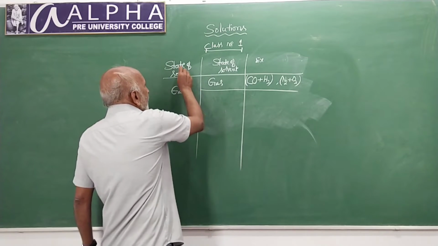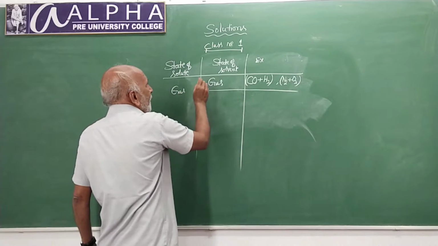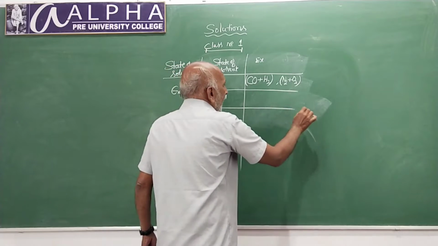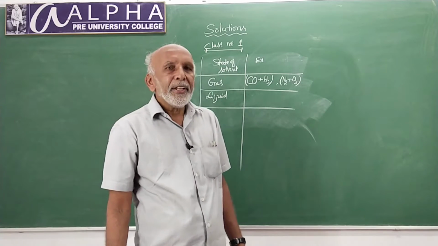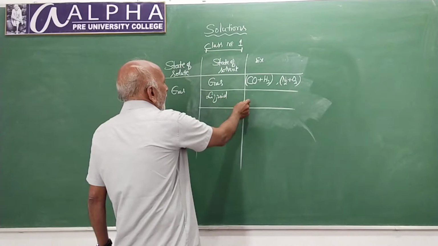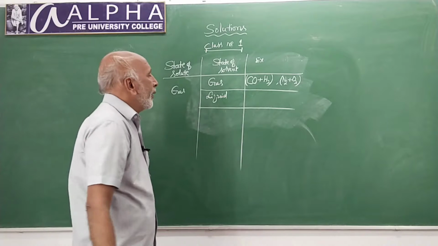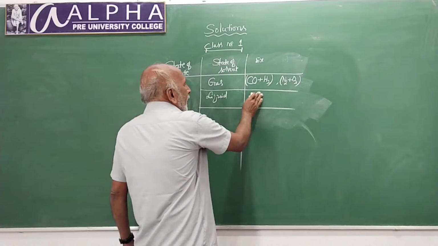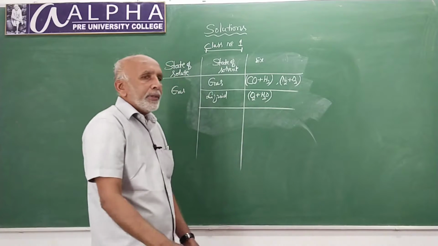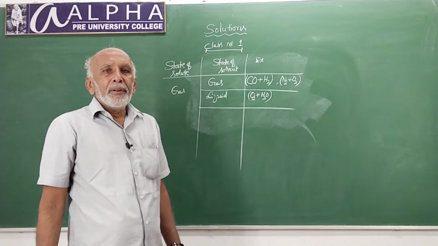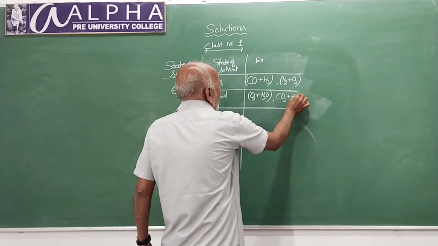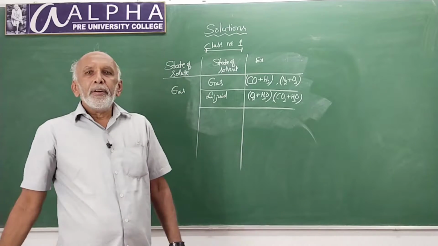Next, solute is in gaseous state, solvent is in liquid state. Gas dissolved in a liquid. Okay. The solution will be in the liquid form, of course. Example for this: dissolved oxygen in water, carbon dioxide dissolved in water.